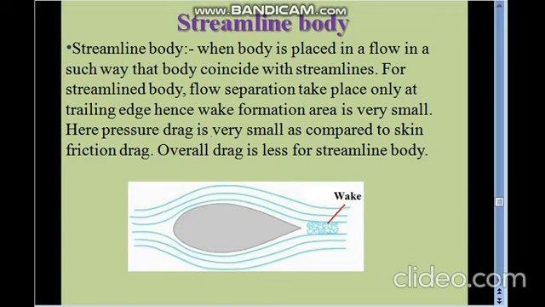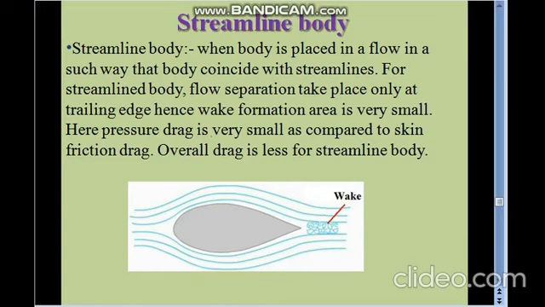So in CFD, whenever we plot the streamline, we see the place where there is a gap between the object and the streamline. So our aim in that case is to adapt the shape of the body to the streamline. When we adapt the shape of the body to the streamline, that body is called a streamline body.